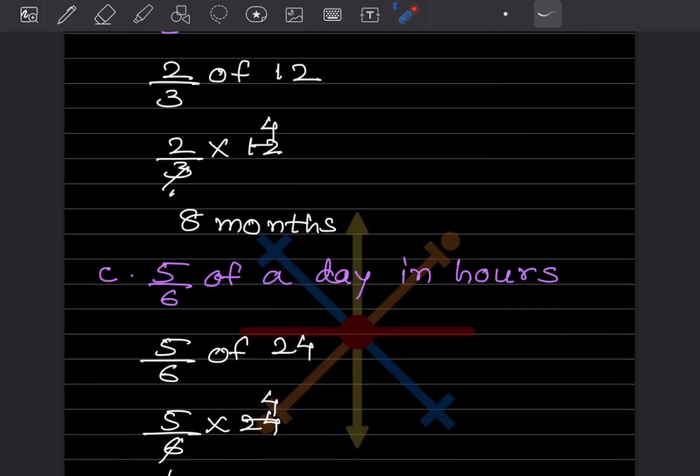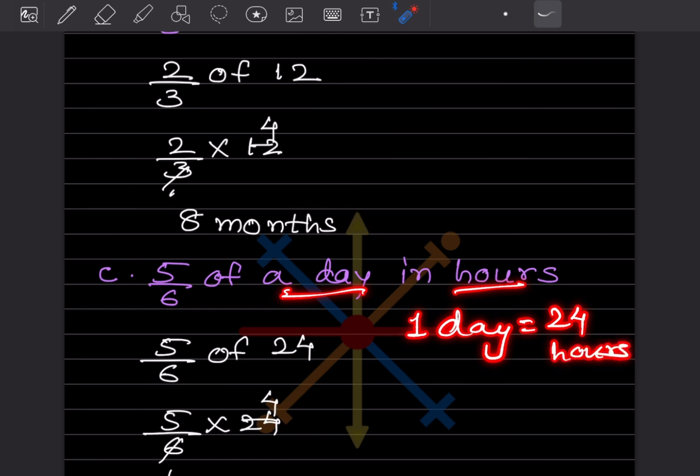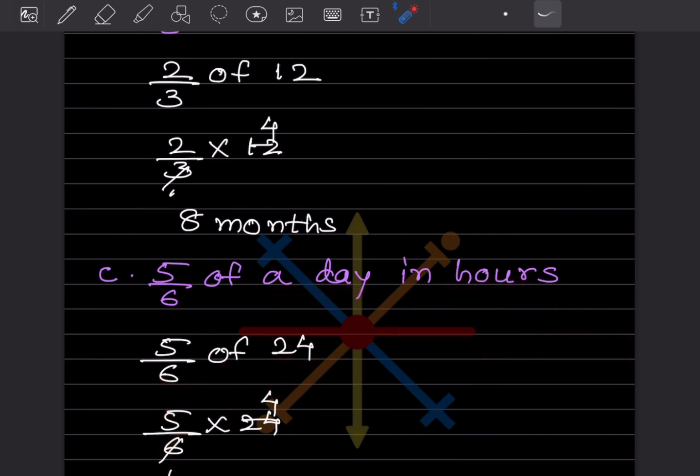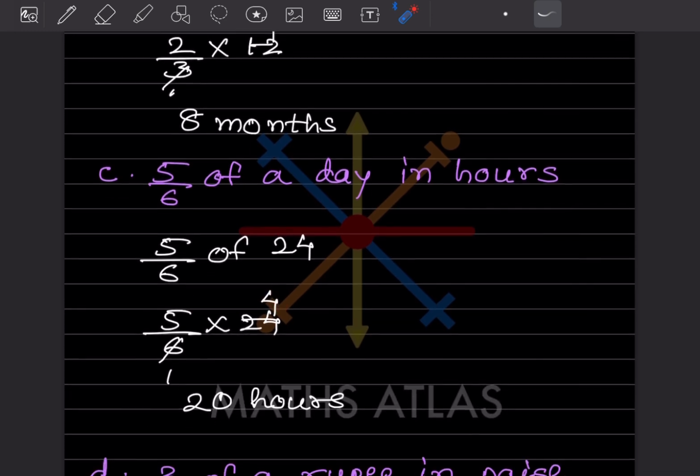5 by 6 of a day in hours. So you know, a day means this is going to be 1 day. We are going to convert it to hours. That is going to be 24 hours. So 5 by 6 of 24. So this is going to be multiplied by 24. So 6 ones are 6, 6 fours are 24. This will be 5 fours are 20. This is important.